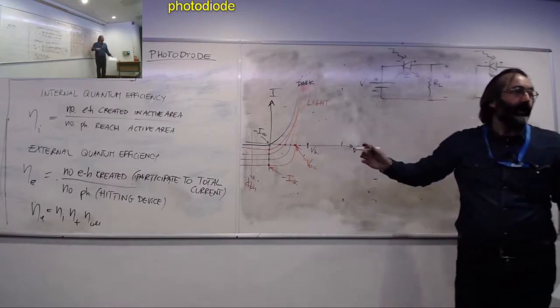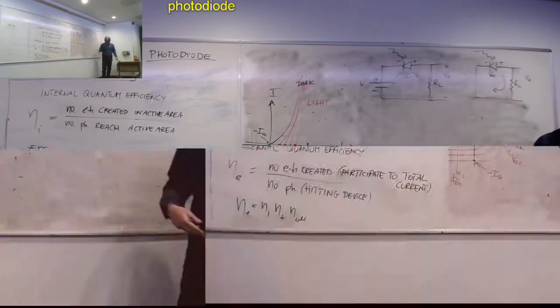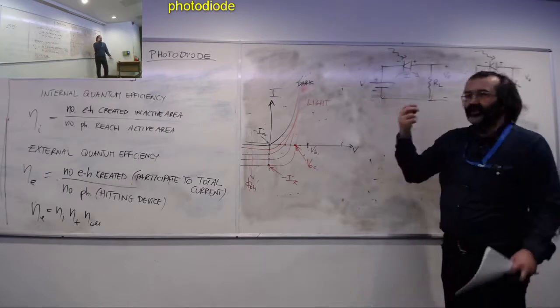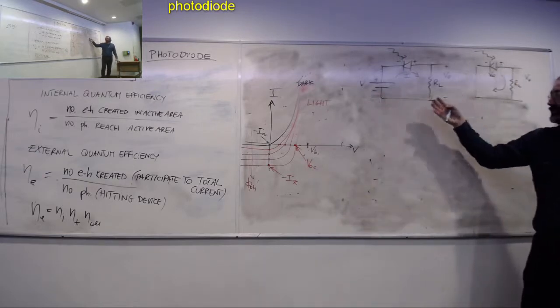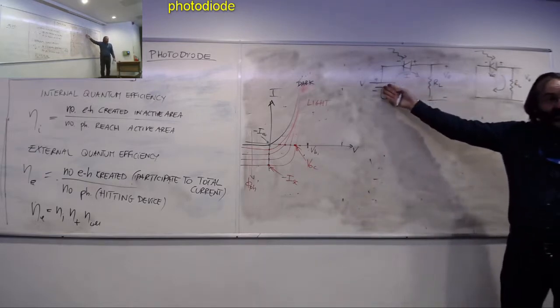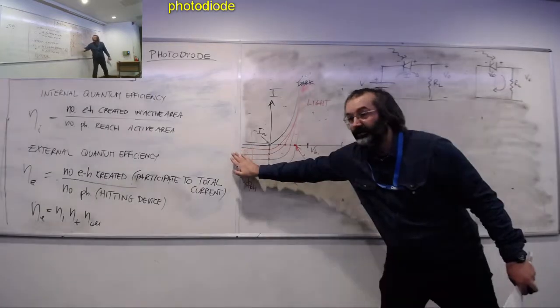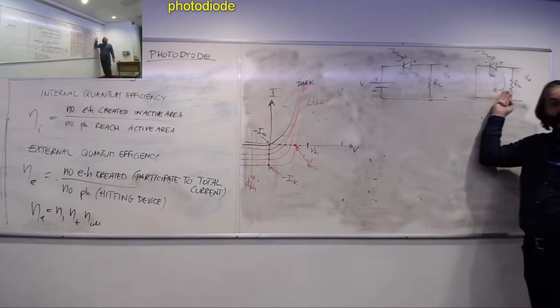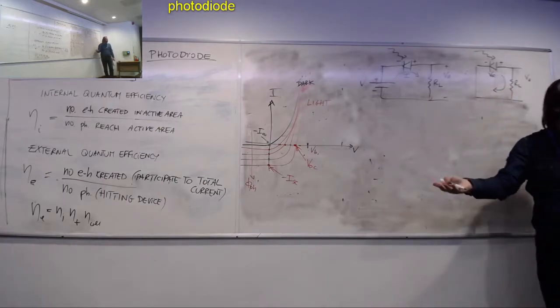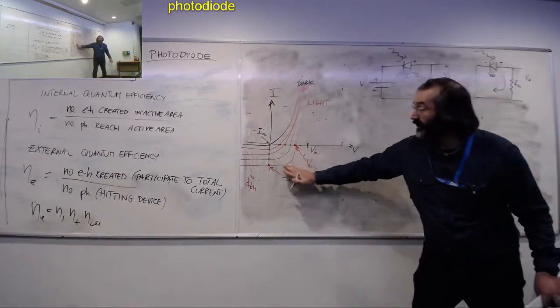So I will go in detail on this later, but the thing to keep is photoconductive mode, using an external generator, I'm working here. Photovoltaic mode, which is what we use in solar cells, we are working in this side.